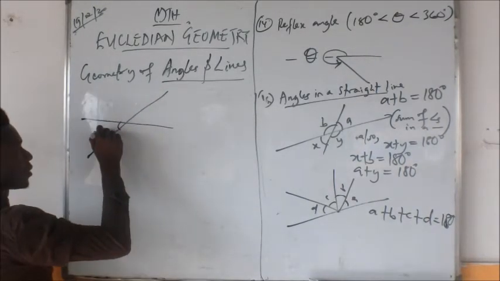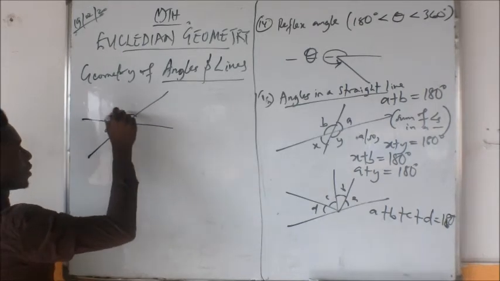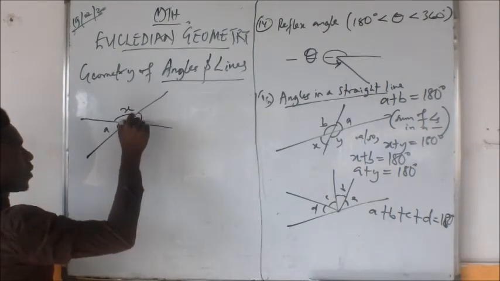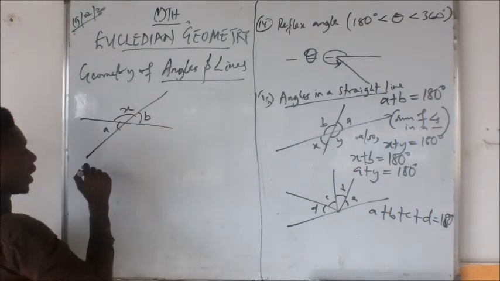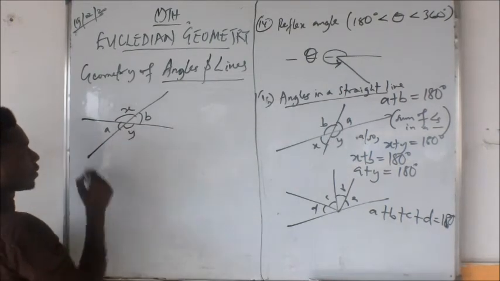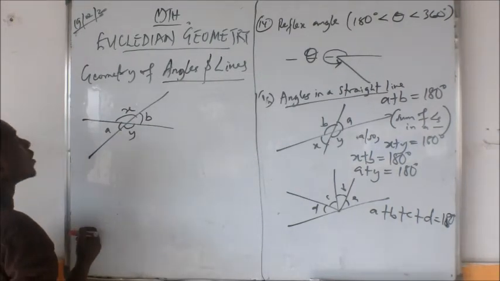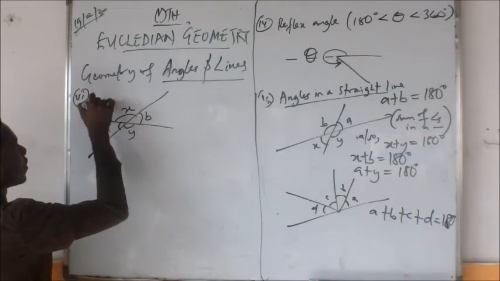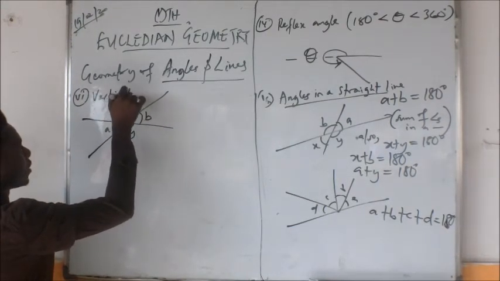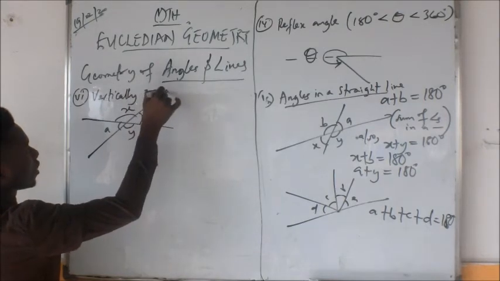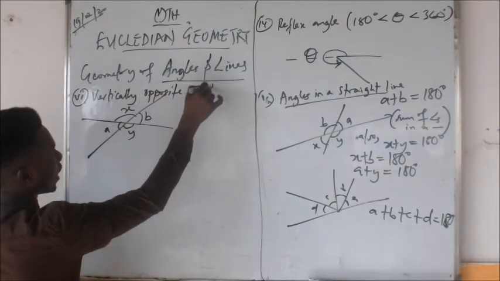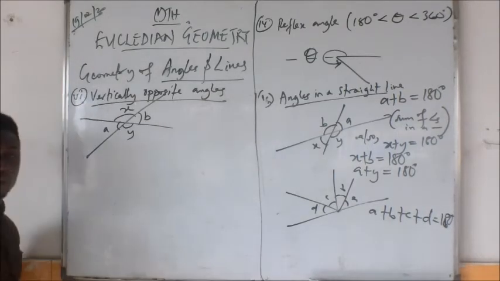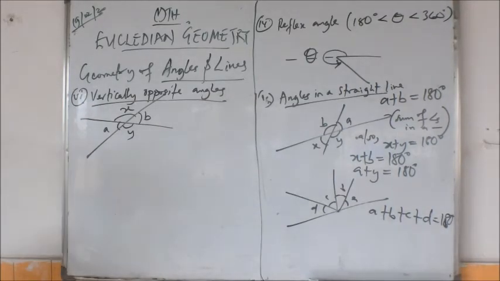And I call this A, I call this X, I call this B, and I call this Y. I am going to say I have what's called vertically opposite what? Angles. What do I call it? Vertically opposite angles.